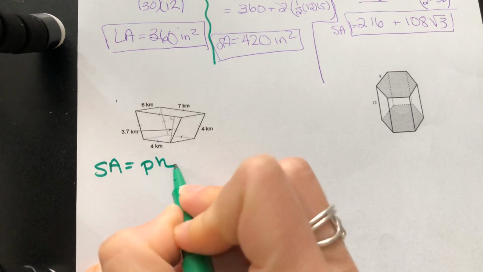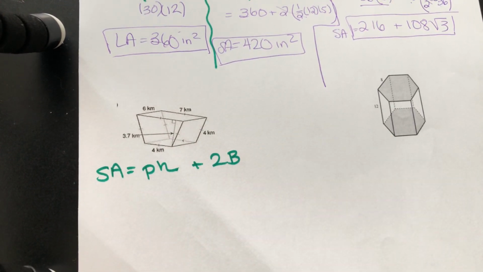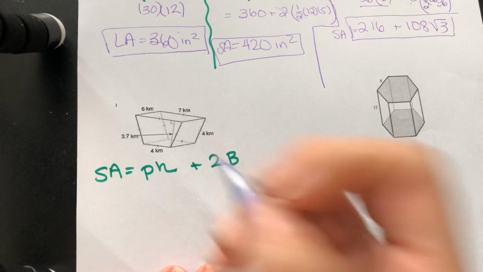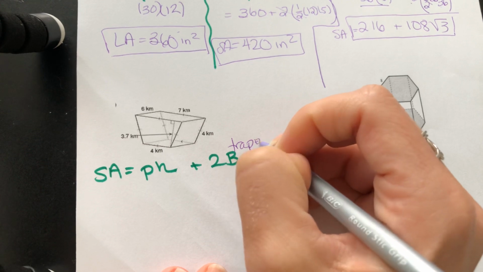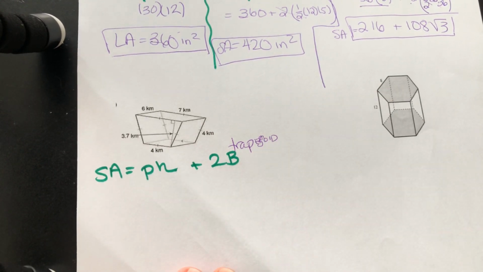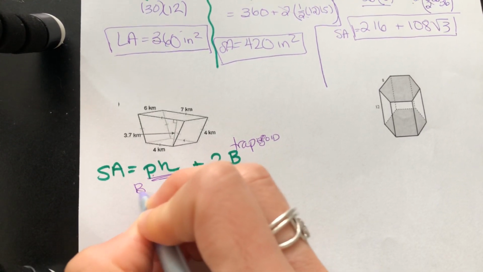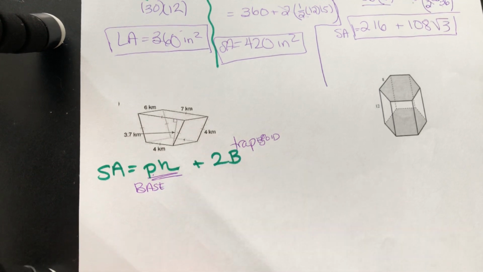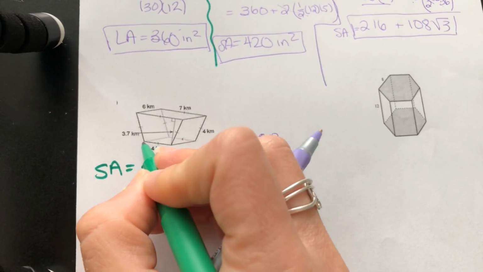What is the base? We should all agree that this is the base. It is a trapezoid. Remember the biggest thing is this P is of the base. I know this picture looks weird because the base is kind of on the side, but this is our base. That's what makes this one hard.